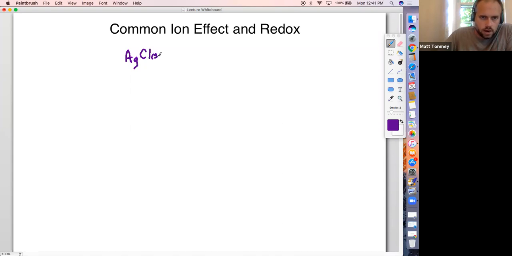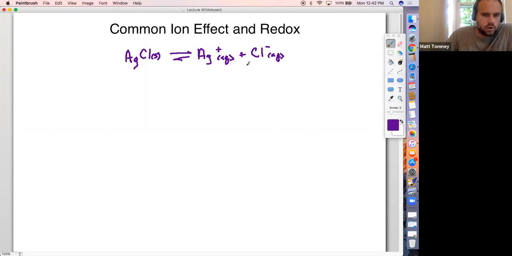So silver chloride is a solid, can be in equilibrium with the silver ions and the chloride ions, right? So what the common ion effect says is what happens if the silver chloride is present in a solution where one of these two ions is going to be sort of artificially inflated because it's also present in the solution.